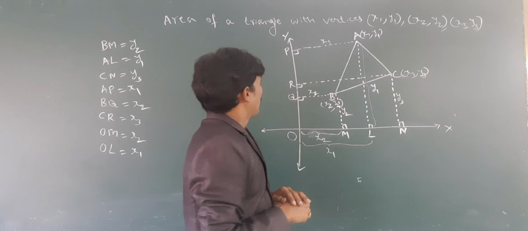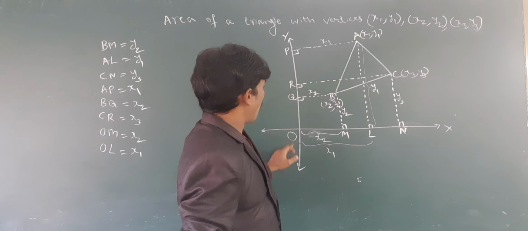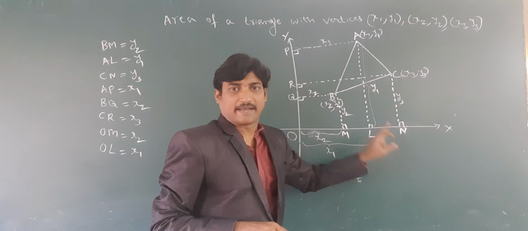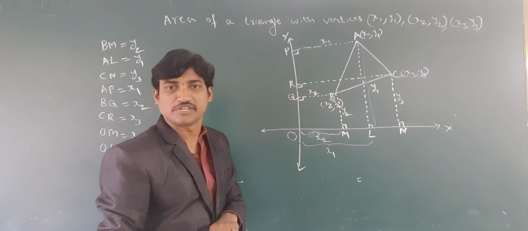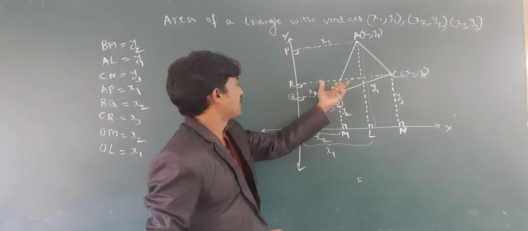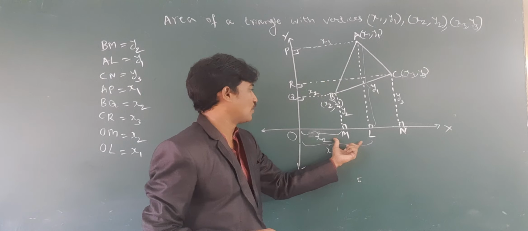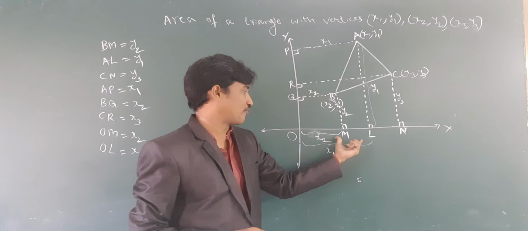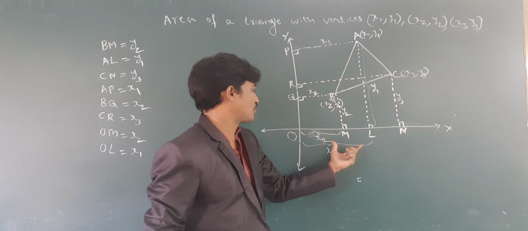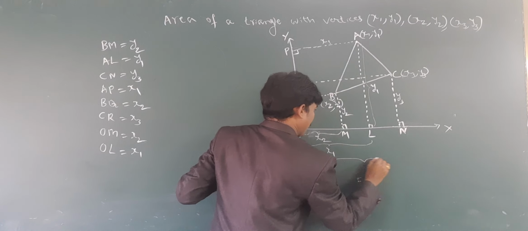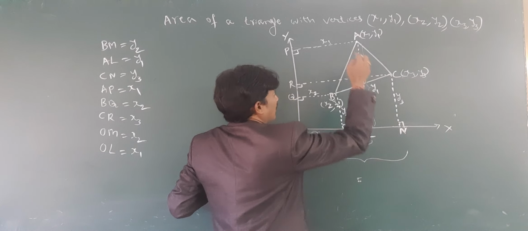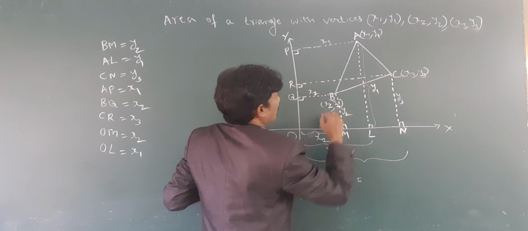Next, ORCN is also a rectangle. In a rectangle, opposite sides are equal, so CR is equal to ON.